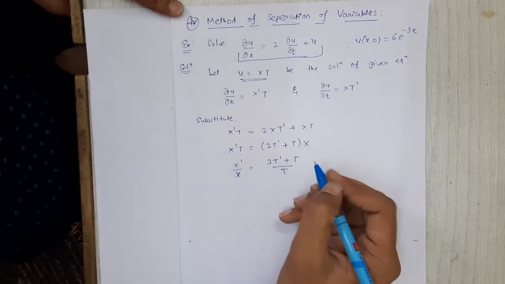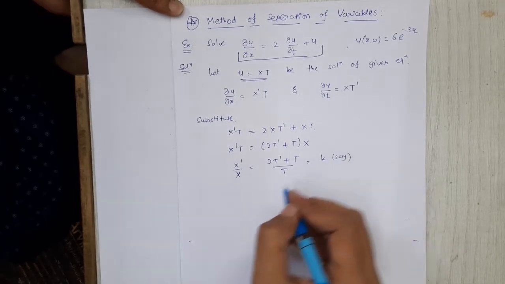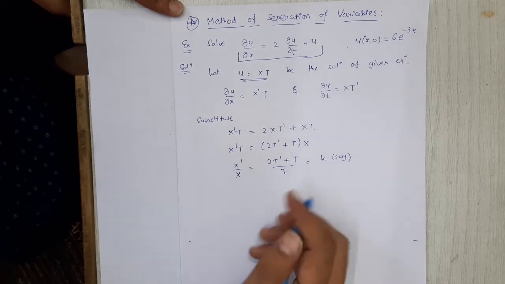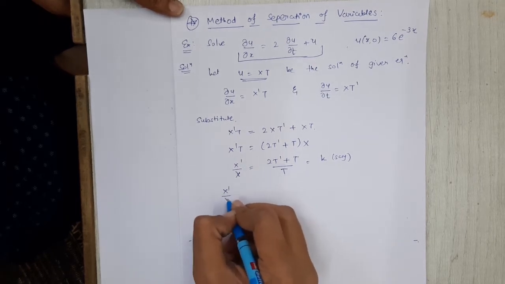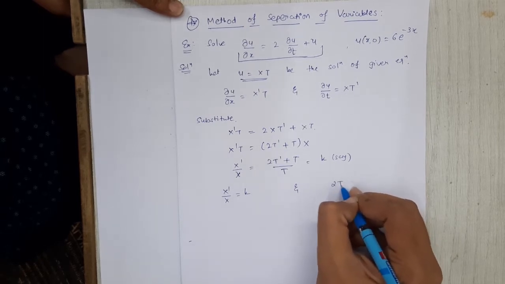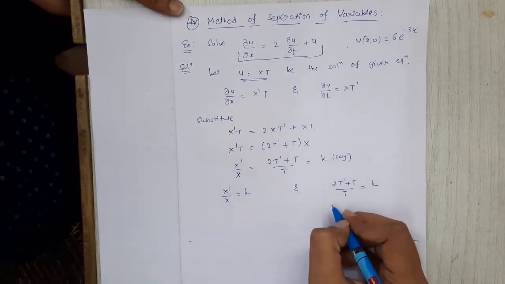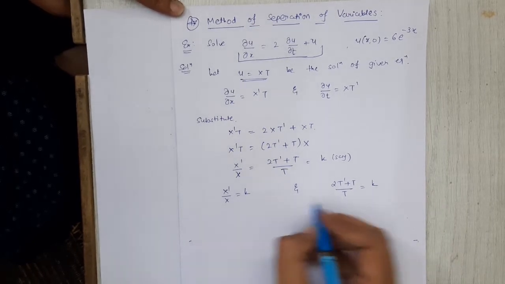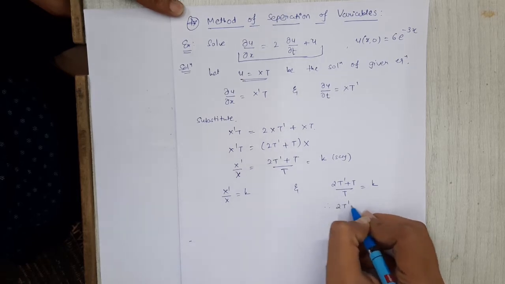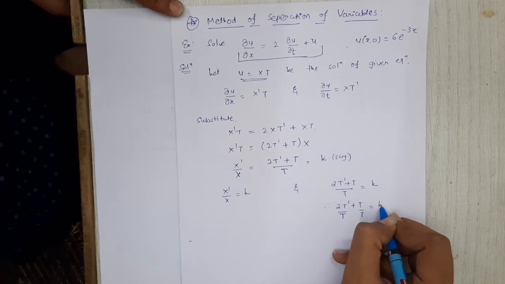Now variables are separated, so let us say some constant k. Now we have two different equations, that is X' upon X is equal to k, and the other equation (2T' plus T) upon T is equal to k.